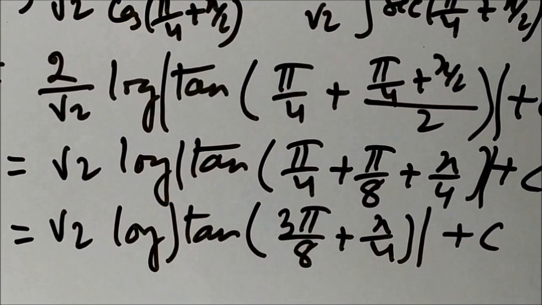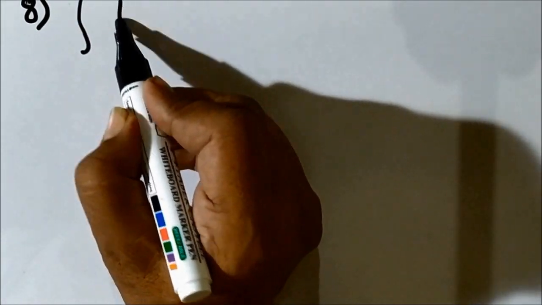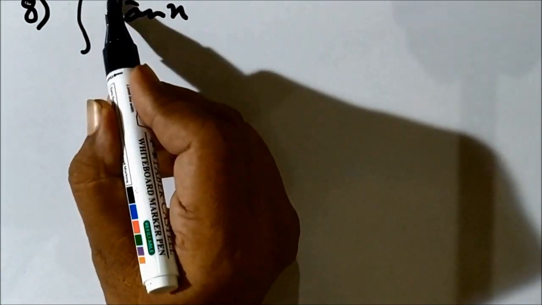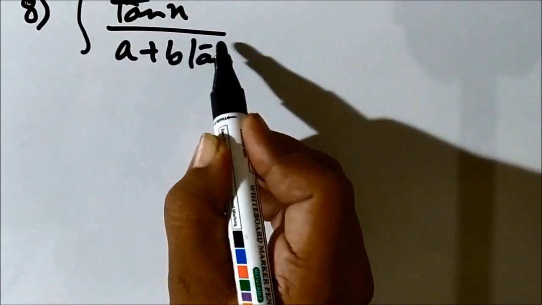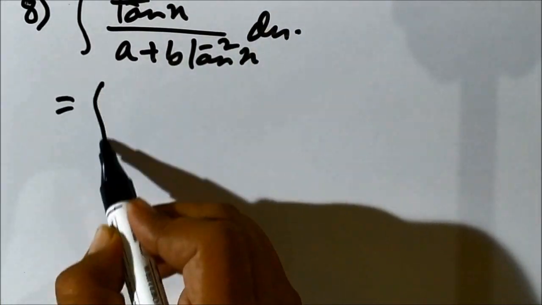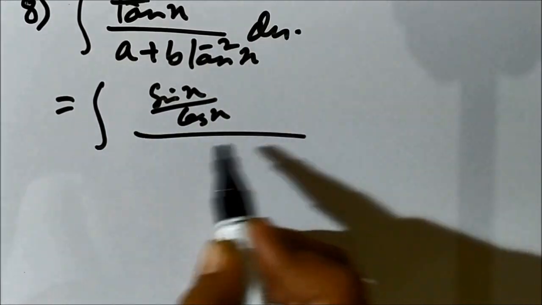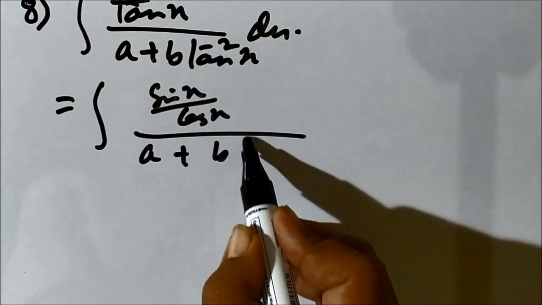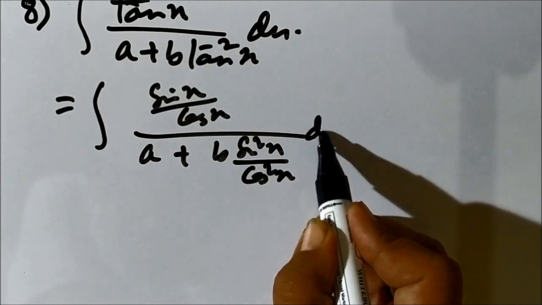Number 8. Find the integration of tan x by a plus b tan square x dx. This is equal to, tan x equal to sin x by cos x, so sin x by cos x over a plus b sin square x by cos square x dx.